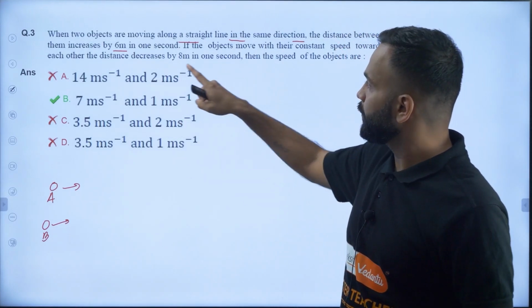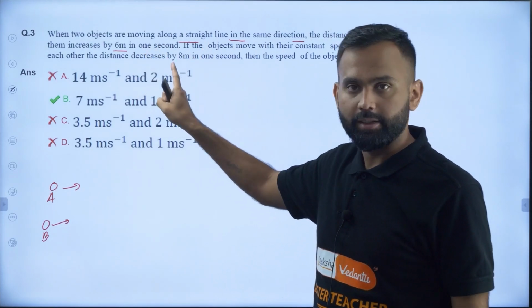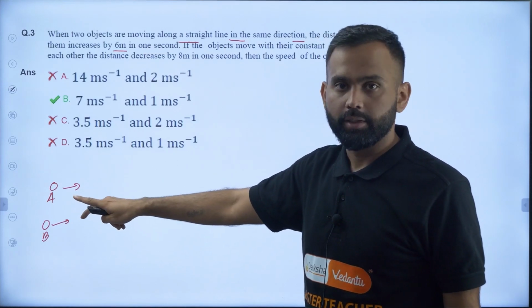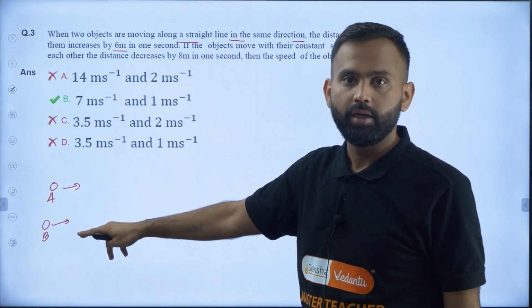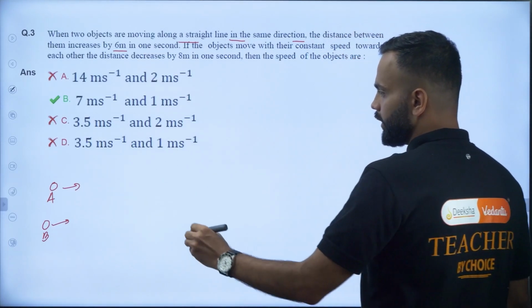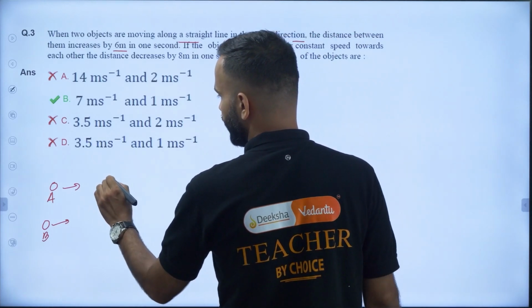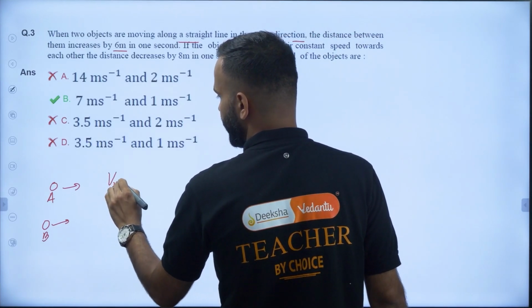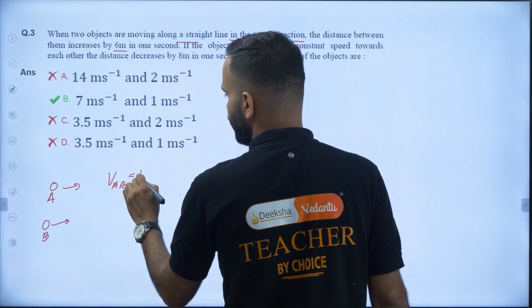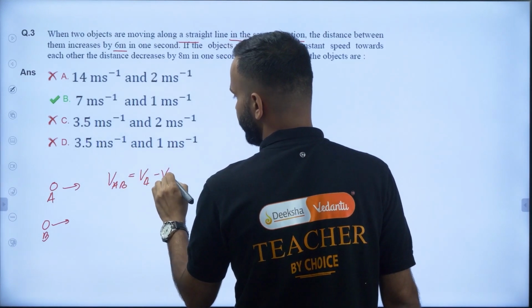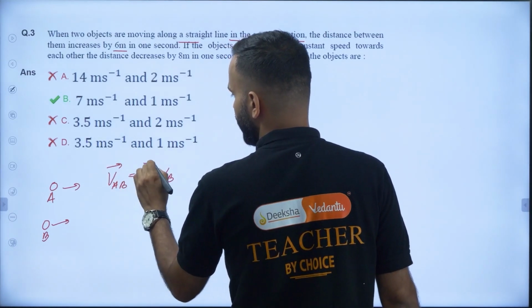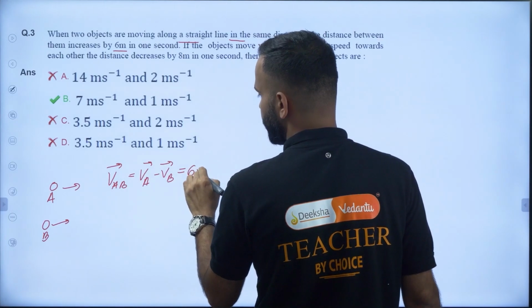So VAB is equal to VA minus VB, which is equal to 6 meter per second.